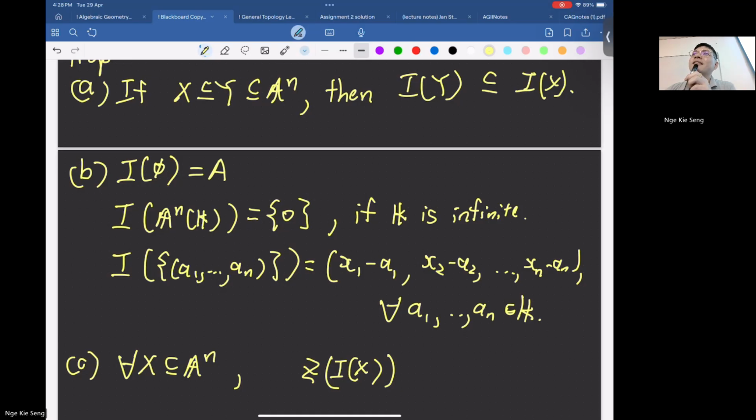So you mean if x is not an algebraic set, then this is not equal to x. Do you have an example?